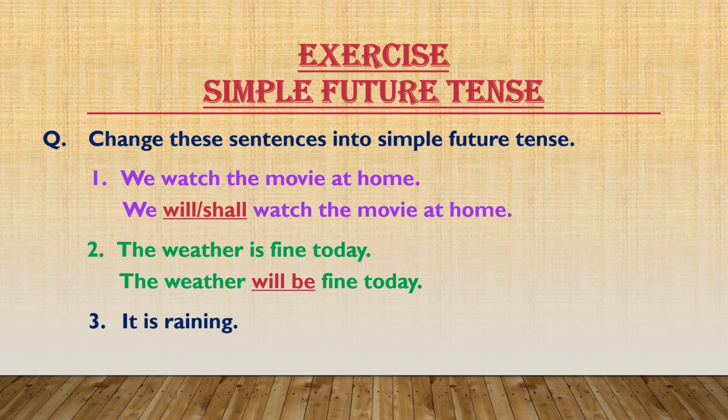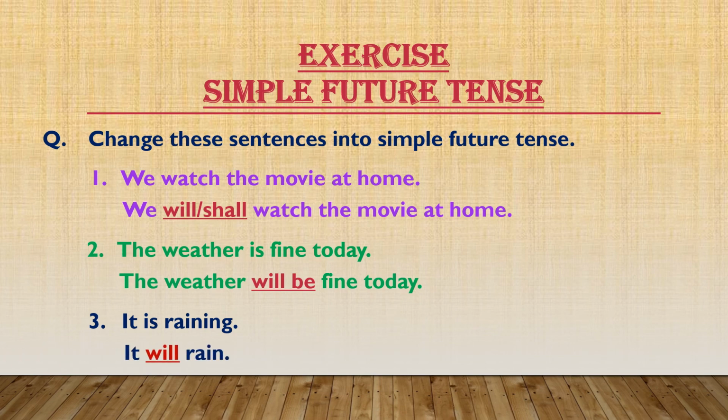Moving on to this third one. It is raining. Again, what do we do here? Very simple. You just have to use will over here. It is raining means it is raining right now. You have to change it into future. So, it will rain.